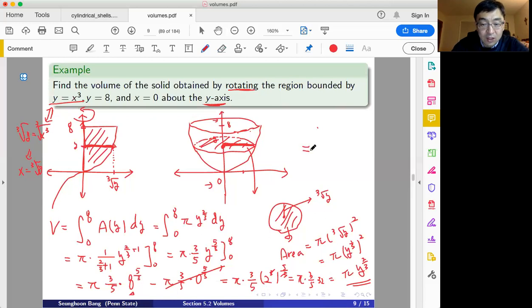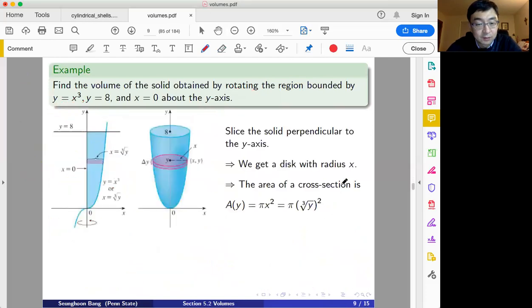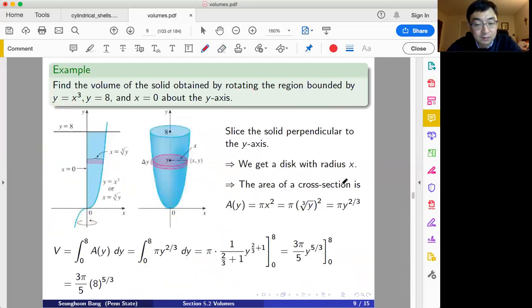So the final answer is 96 over 5 pi. This is the final answer for solving this problem. So like this.